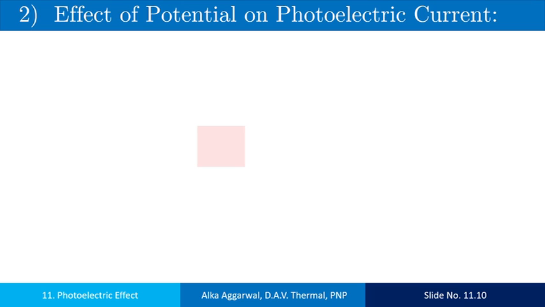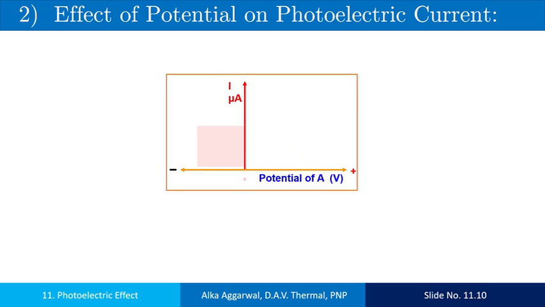Now the effect of potential on the photoelectric current. When light radiation of fixed frequency and intensity is incident on the cathode and the potential of the anode is increased gradually, the shape of the graph is like this.